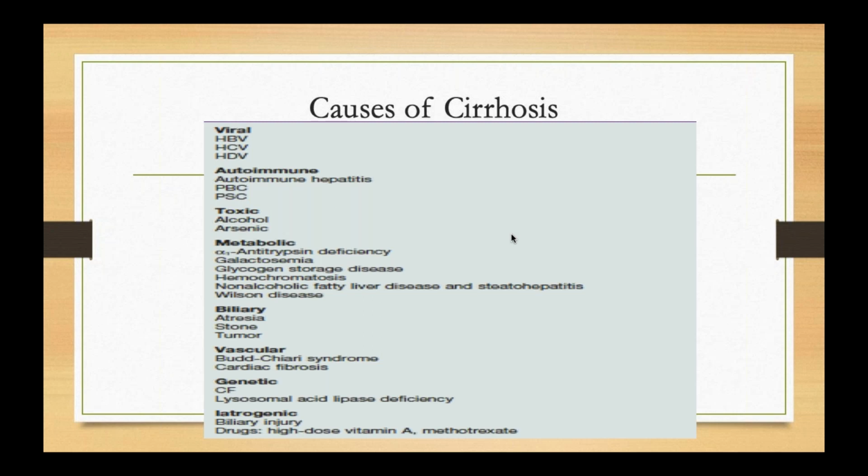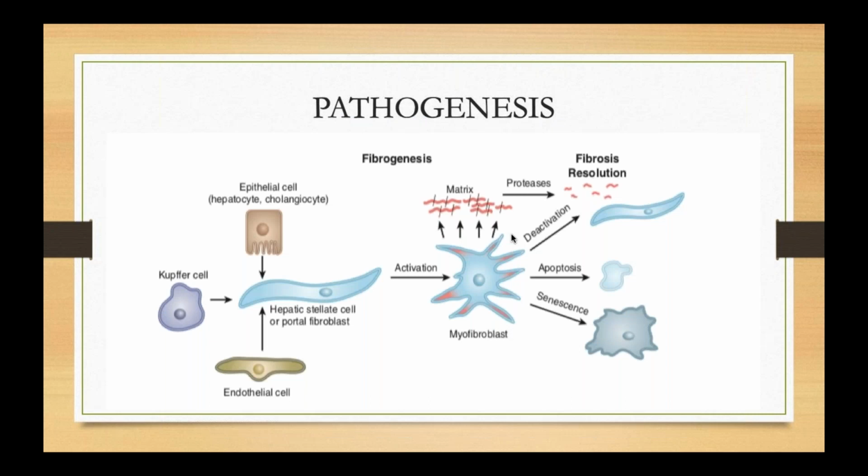So that can cause congestion and cirrhosis. Genetic causes like cystic fibrosis and lysosomal acid lipase deficiency can also cause it. Iatrogenic causes include biliary injury, where somebody has ligated the bile duct, or drugs like methotrexate given long term. In rheumatology, if you give high-dose methotrexate for long periods, that can result in cirrhosis.